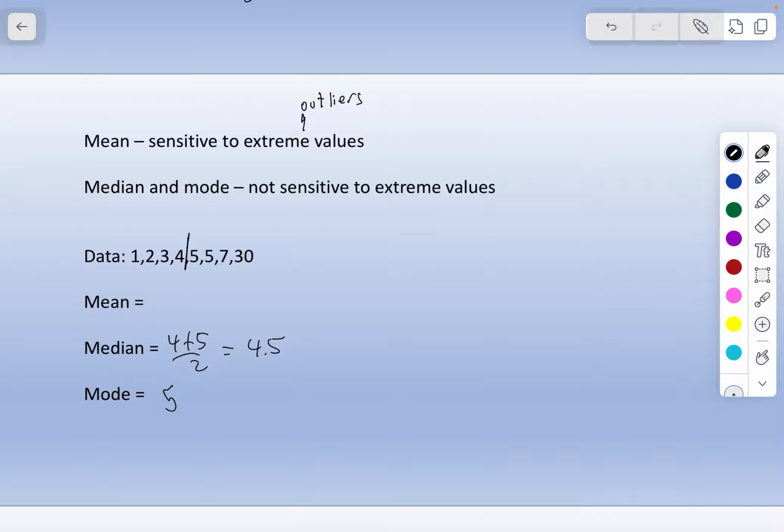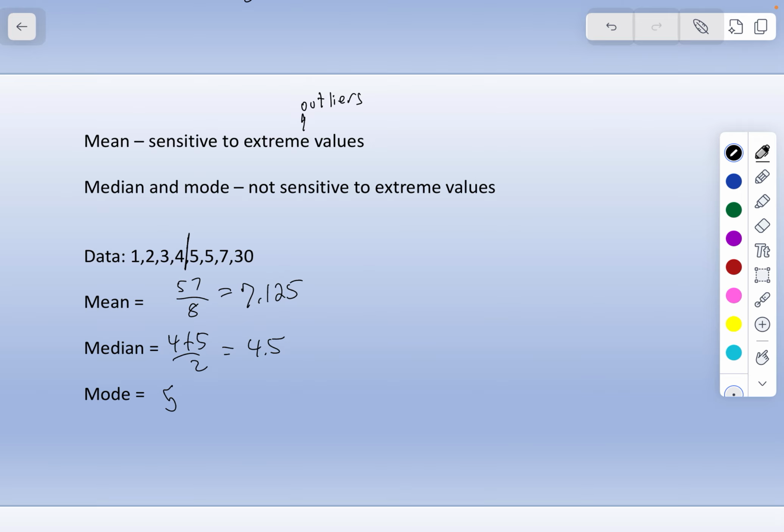But let's think about our average. So again, we had 8 items, so we have to divide the total by 8. So let me tell you what the total is. 1 plus 2 plus 3 plus 4 plus 5 plus 5 plus 7 plus 30 is 57. If we divide that by 8, we get 7.125.